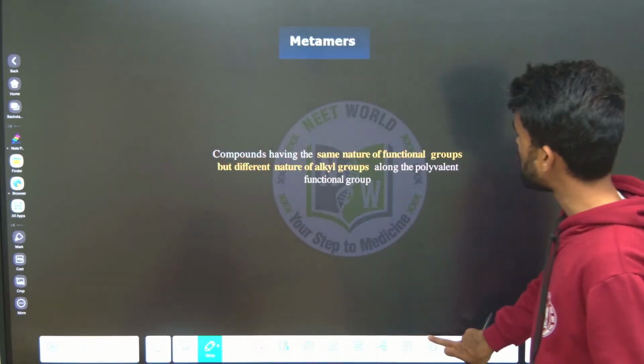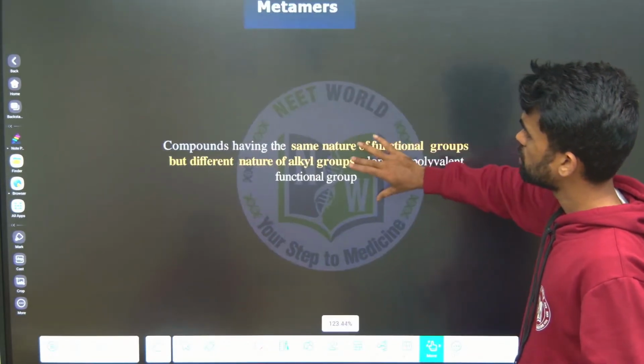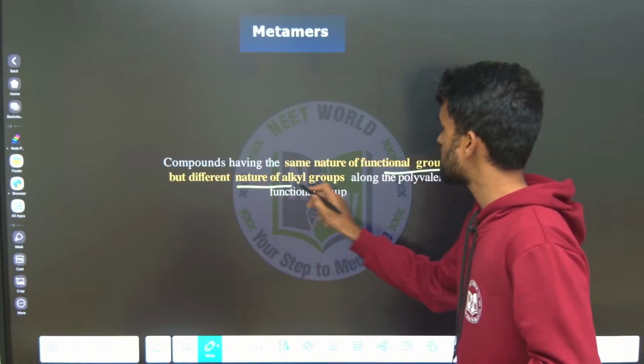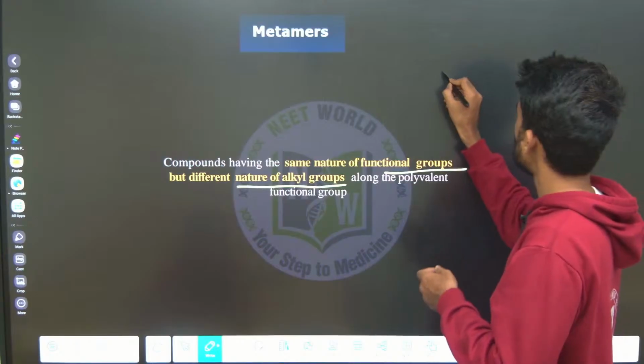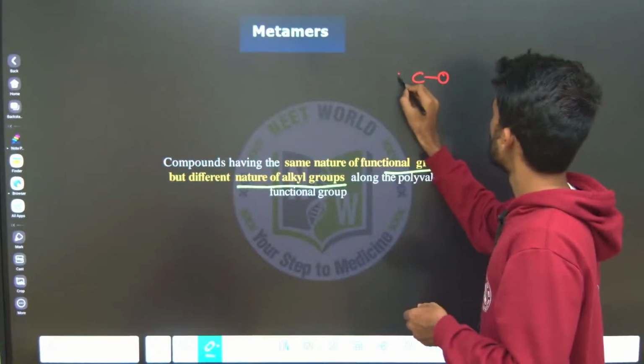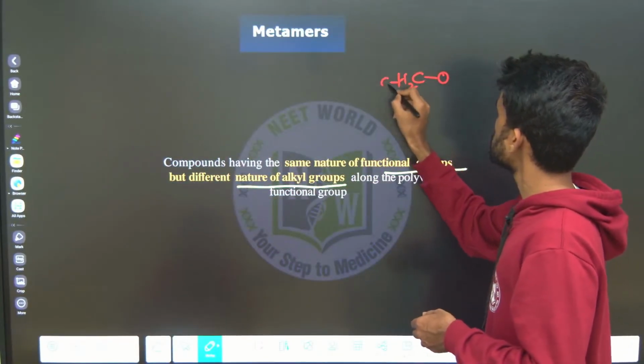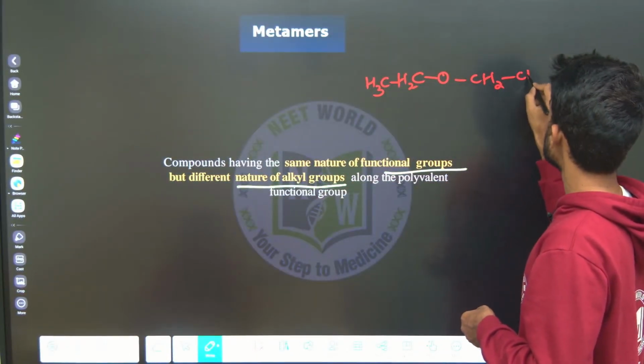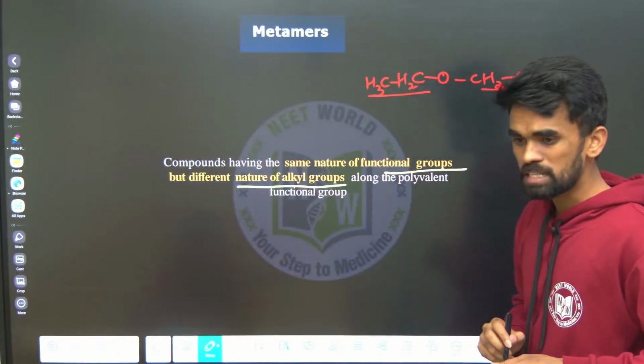Now, what about metamers? Compounds having the same nature of functional group but different nature of alkyl groups along the functional group. For example, taking ethers, CH3CH2-O-CH2CH3, both sides we have ethyl groups.